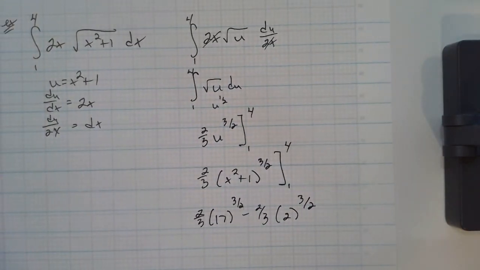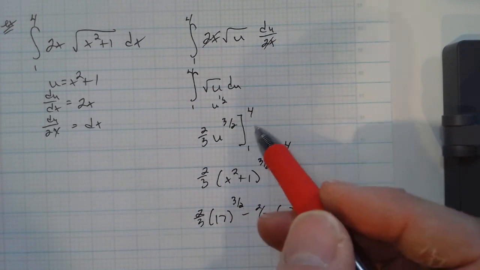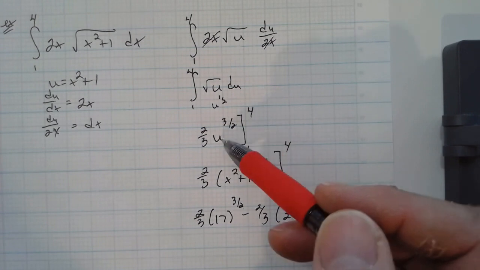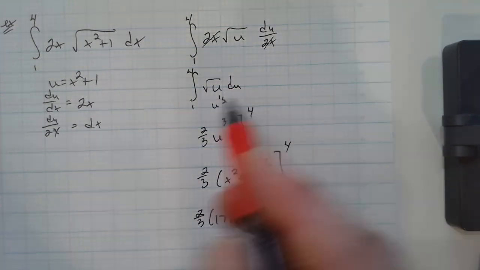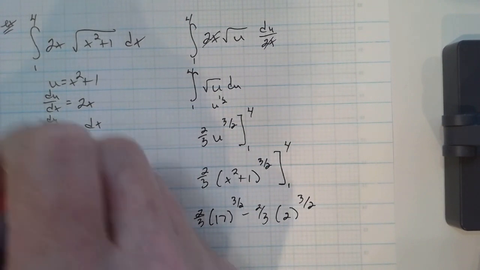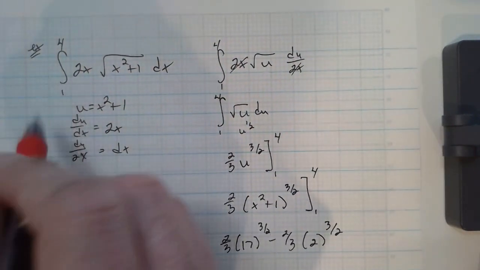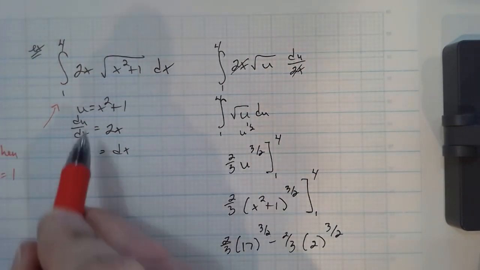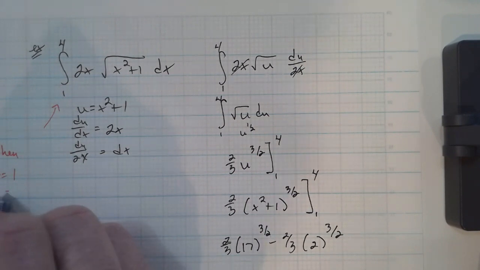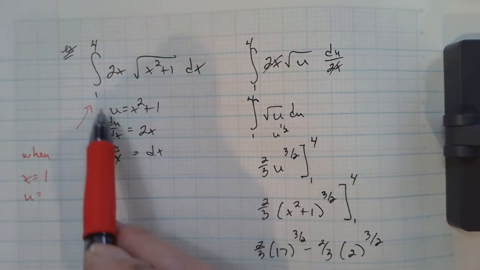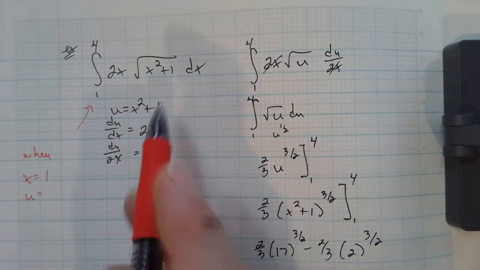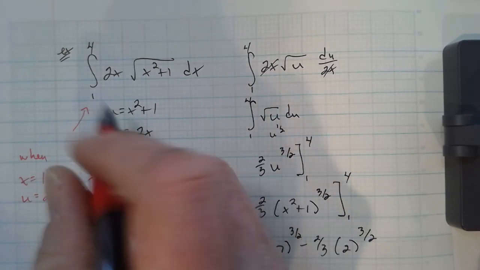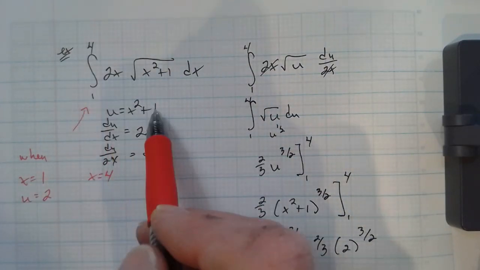But you should know that we can evaluate an integral using the boundaries in terms of u. We could have said if u is x squared plus 1, when x equals 1, we can plug 1 in right there, 1 squared plus 1. So when x is 1, u is actually 2. When x is 4, u is actually 17.